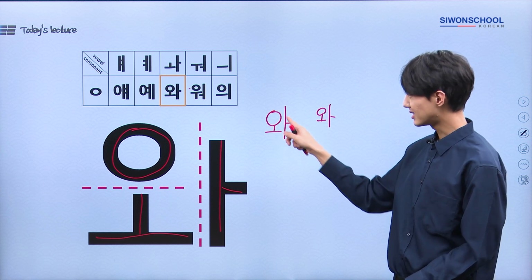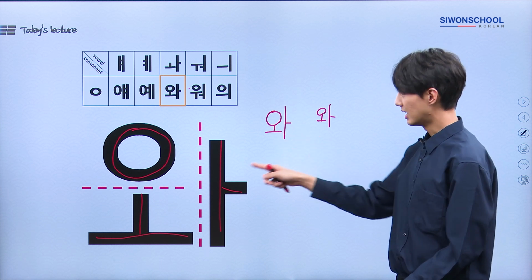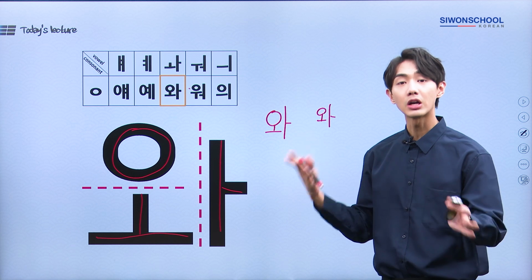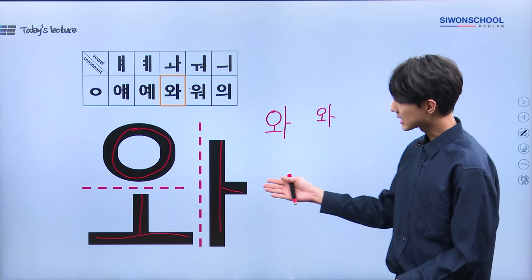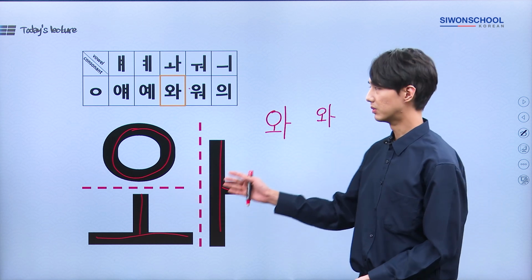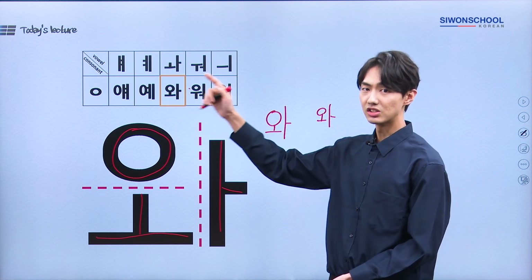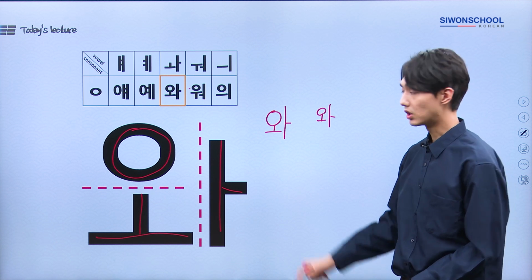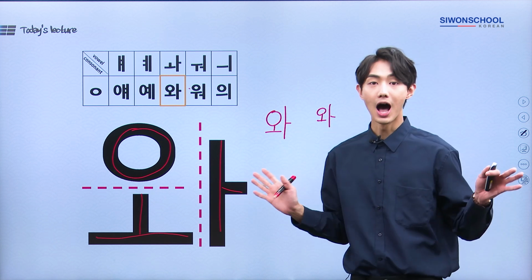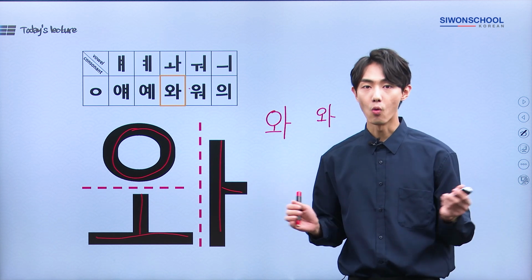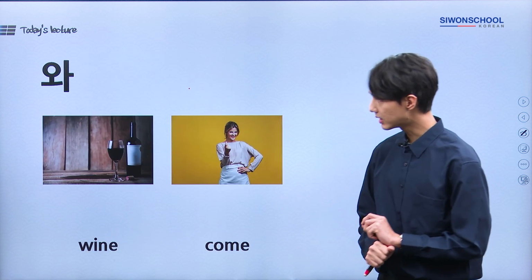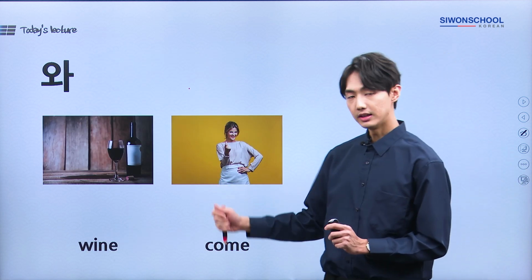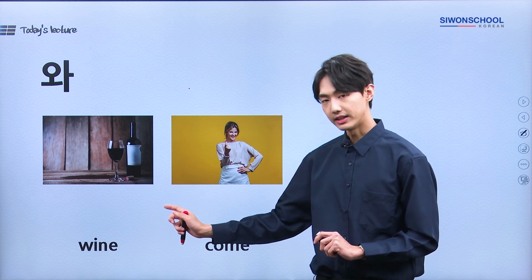And then this is kind of, my 이응 is too big, I think. This is incorrect. Well, not incorrect technically, but it kind of looks funny. So whenever you write it, try to write like this. The 아 has to cover the 오 part. Okay, so how do you pronounce this? 와, like wow, 와. Okay, so let's check out some words. Aha, it's what's called wine, right?